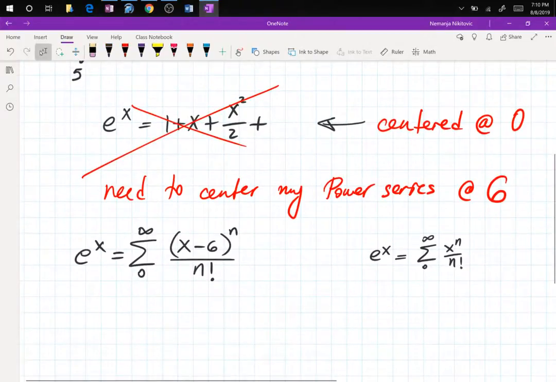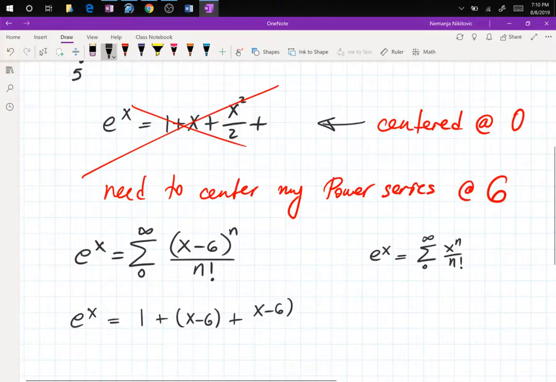So now e to the x centered at 6 is going to be 1 plus x minus 6 plus x minus 6 squared over 2. And let's do one more term, x minus 6 cubed over 6. Oh, this is an approximation because I chopped it off.